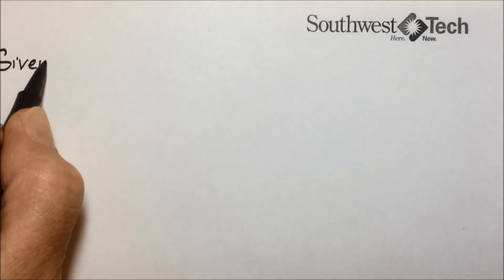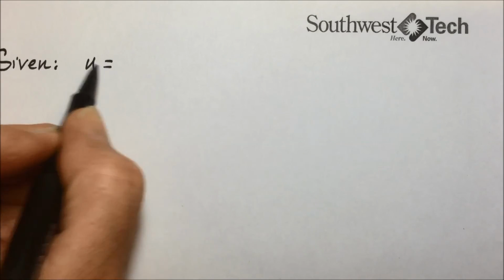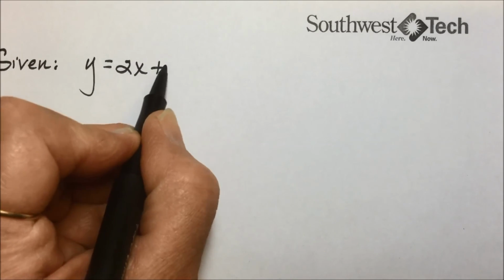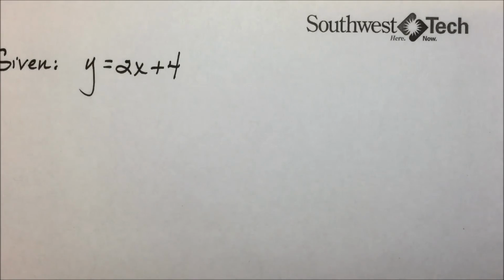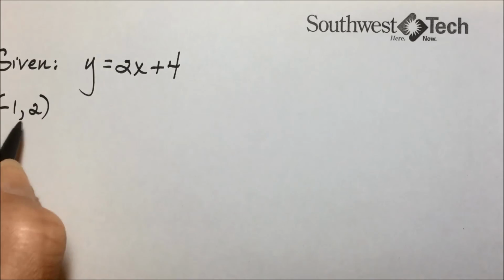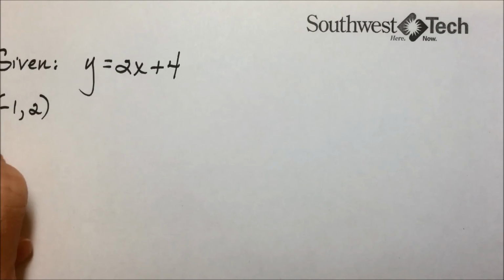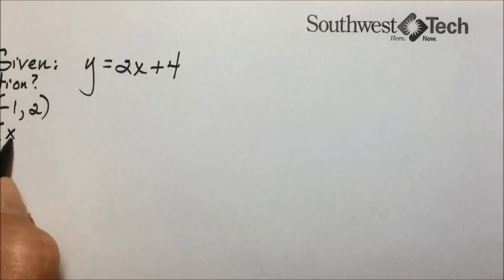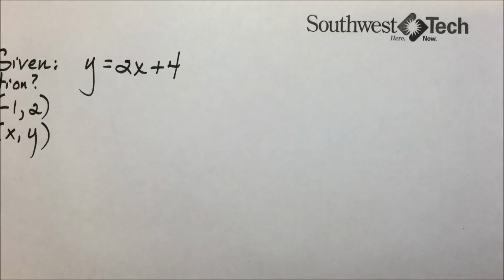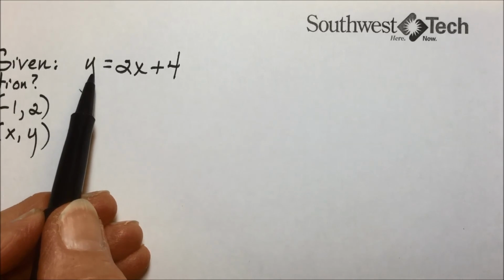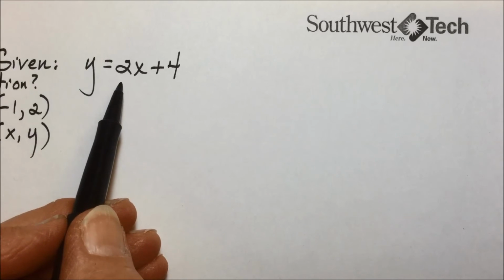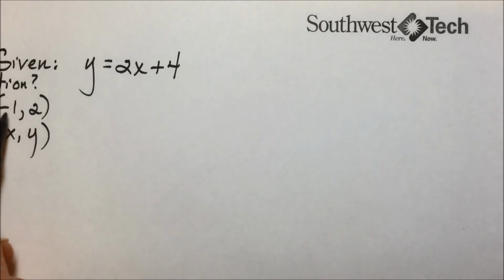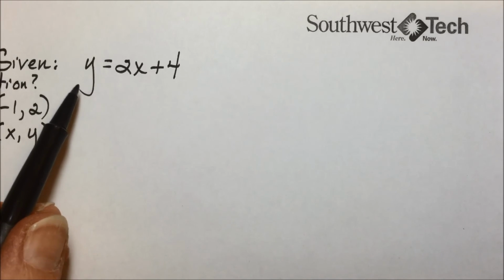So, for example, if you are given y is equal to 2x plus 4, and they ask you whether (-1, 2) is a solution. What they're giving you is an ordered pair (x, y), and if we could see the drawing of this equation, is this point part of that equation?